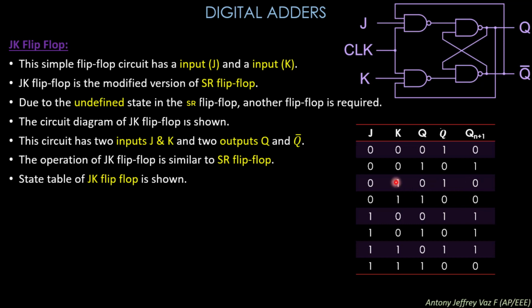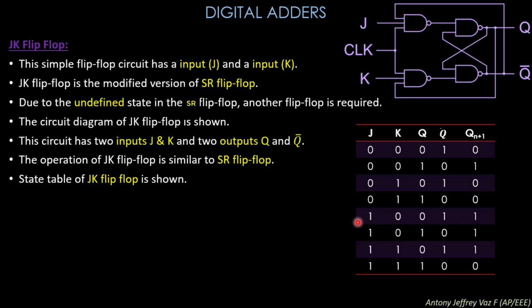So you may understand that if the K value is set, the next state of the flip-flop is going to be reset. In the present state there are two values, one is 0 and the other is 1, but in the next state the two values get reset to 0.